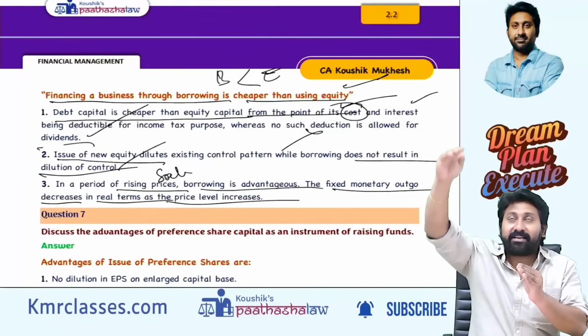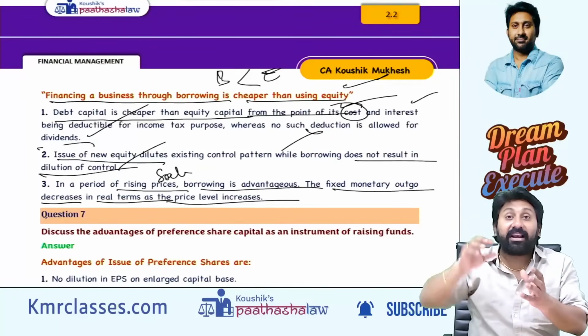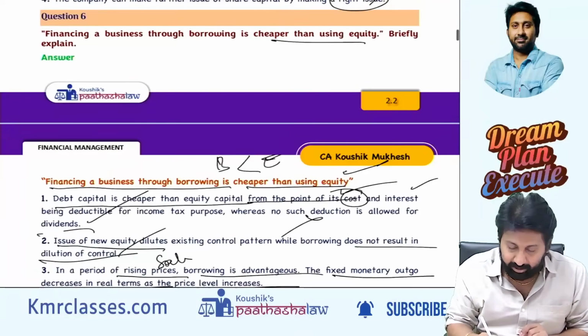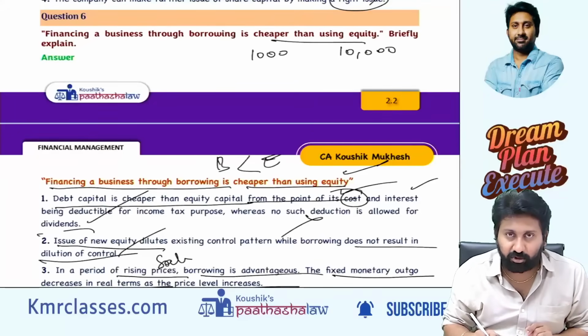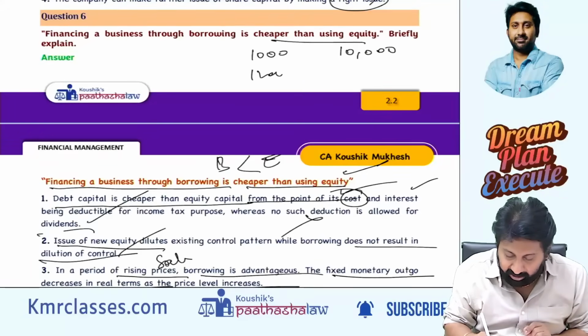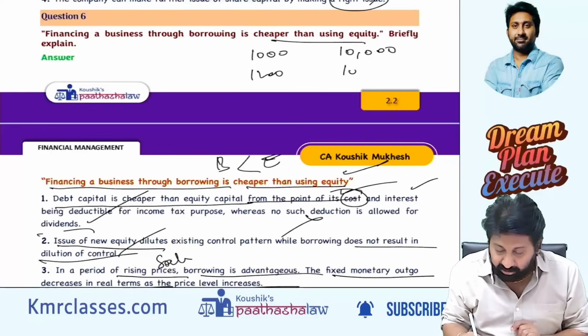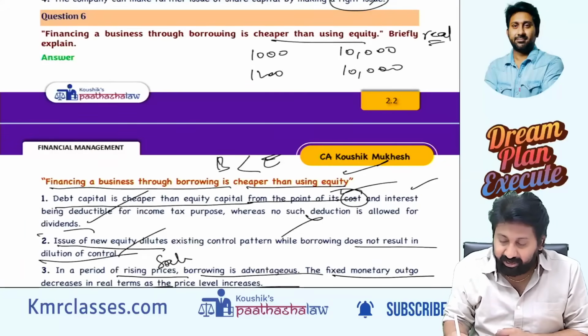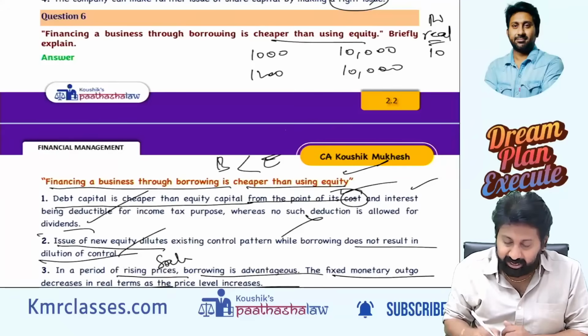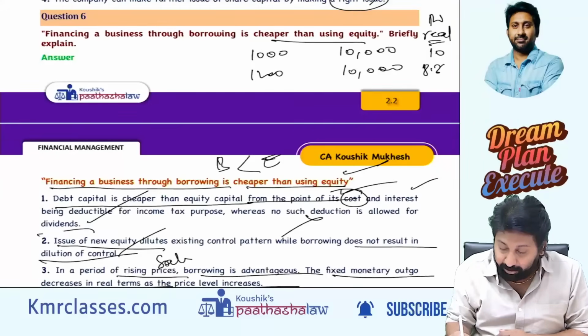As the selling price increases, in real terms, if you see here, 1000 units I manufactured, fixed cost is 10,000. I produced 1200 units. Even though fixed cost is 10,000, if you observe in real terms, means per unit terms, here it is 10 rupees, here it is only 8.33.